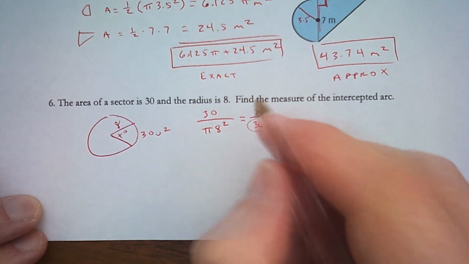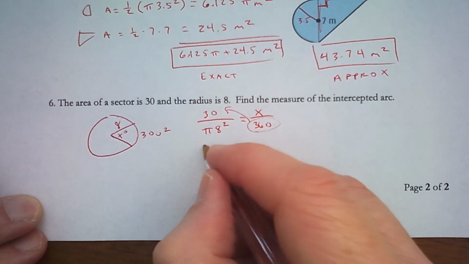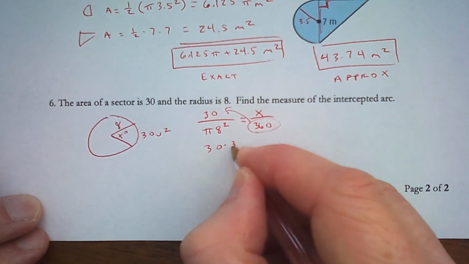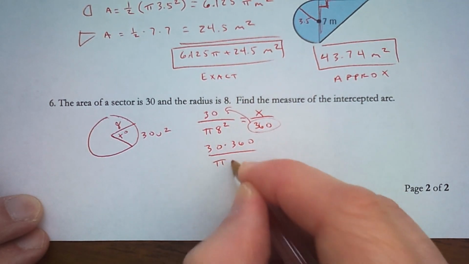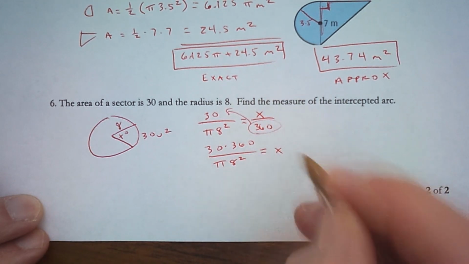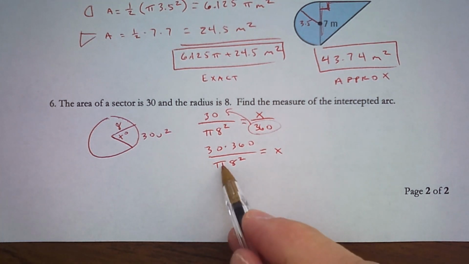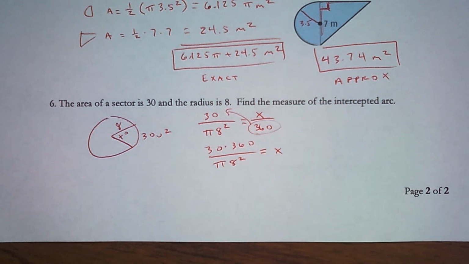Okay, so I have a variable on top, so I can just take what's on bottom here and multiply it across. Okay, so I get 30 times 360 over pi 8 squared. And that will give me my arc measure. Okay, so when a pi is in the denominator, that's an irrational number in the denominator.